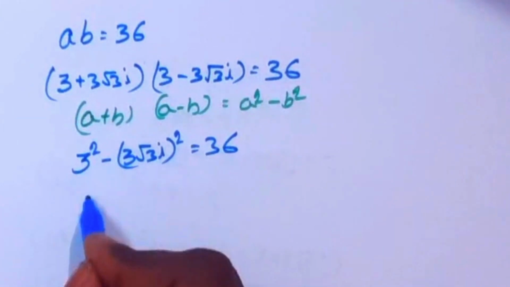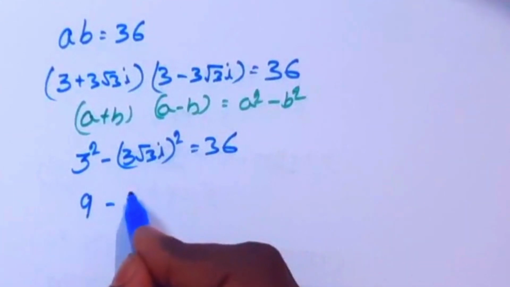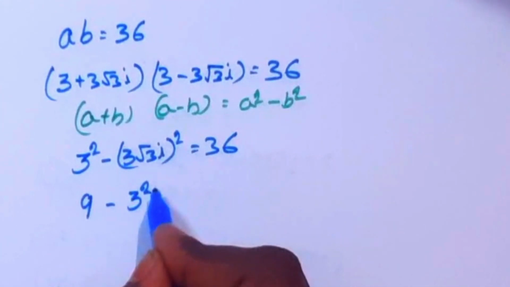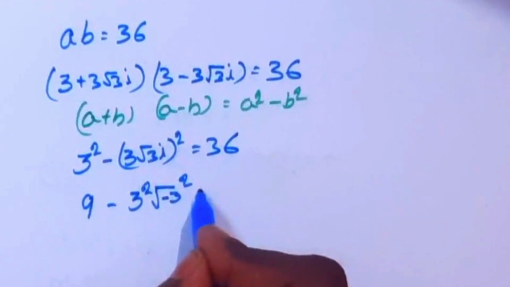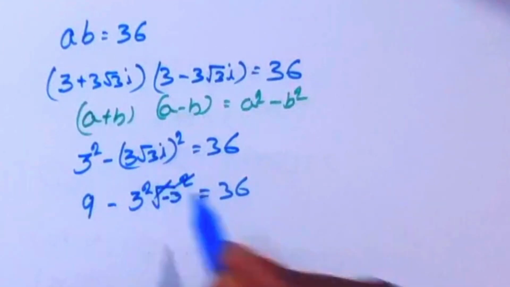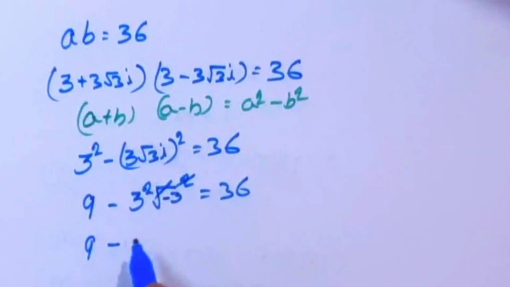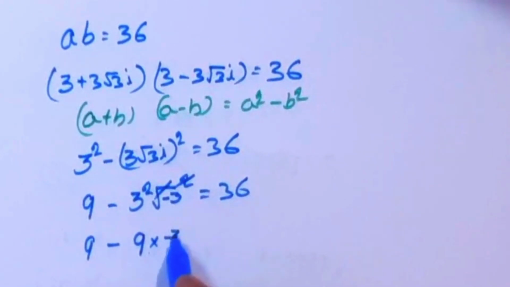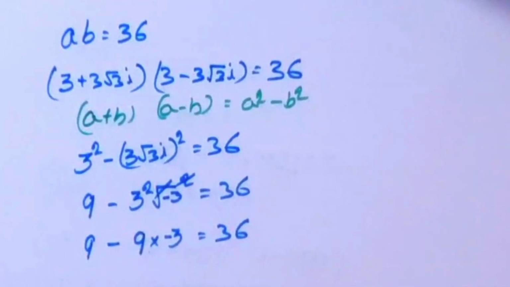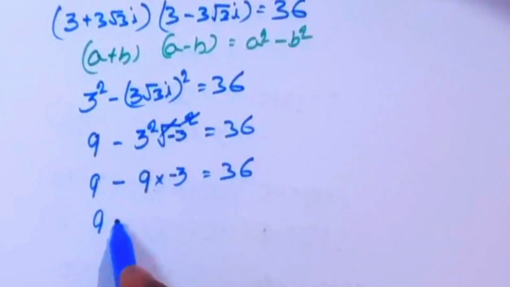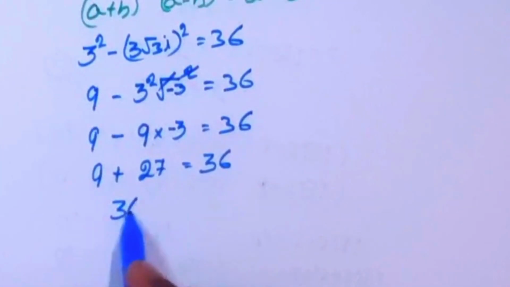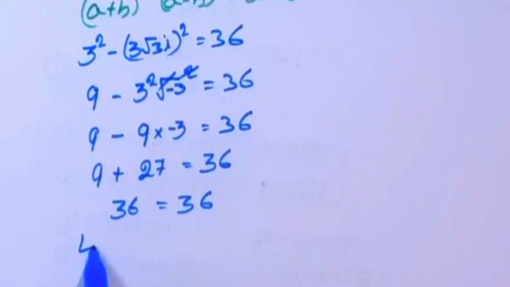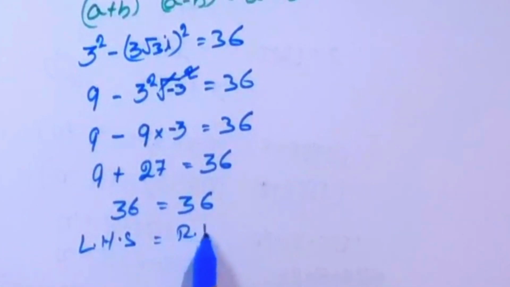This is 3 square is 9, minus 3 square root of 3i whole square is minus 3 square, equal to 36. So this cancels this. So we have 9 minus 9 times minus 3 equal to 36. Now 9 plus 27 equal to 36. 36 equal to 36. So LHS equal to RHS.